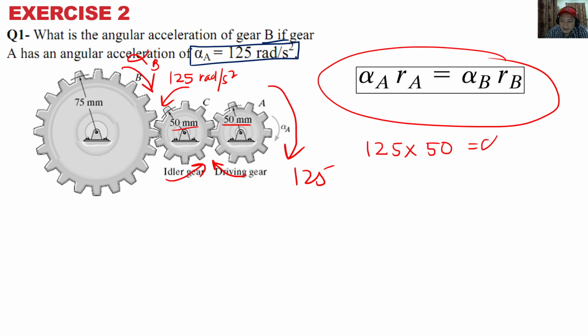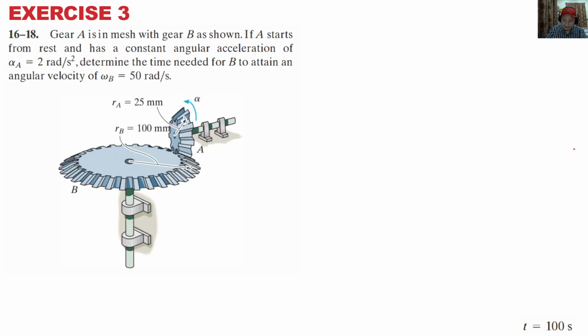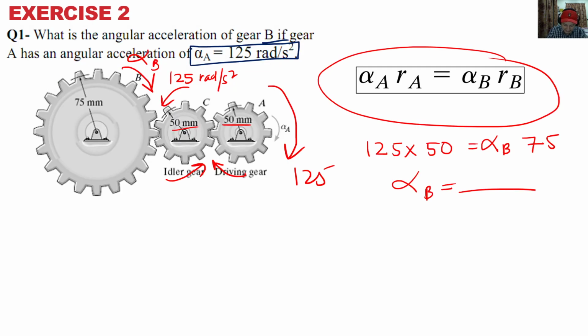This one, alpha B, we don't know, times 75. So alpha B is equivalent to, there's no answer choice. Punch in your calculator. 125 times 50 divided by 75. 83.3 radians per second squared.